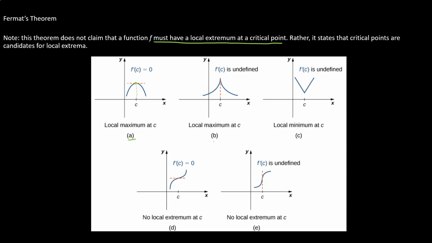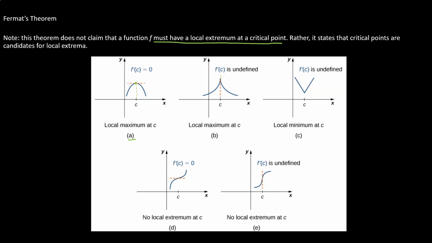Moving on to graph B, right above the value c, we can see that we have a corner on our blue graph, which creates a vertical tangent line. And at that vertical tangent line, the derivative is undefined. So either the derivative is 0 or undefined. Fermat's theorem tells us that we should investigate to see if there's a max or a min there.